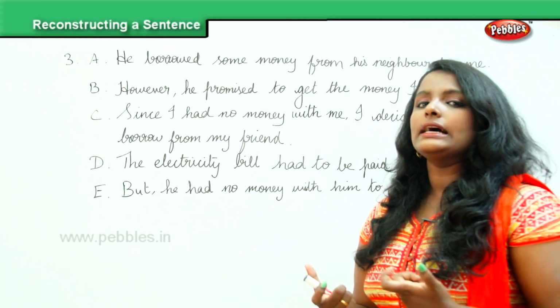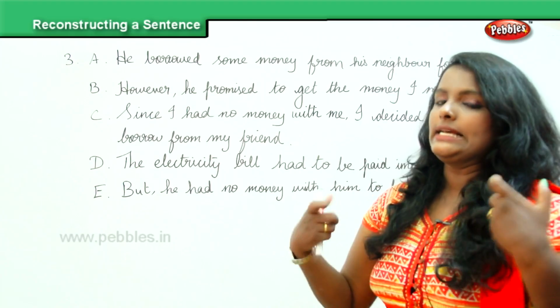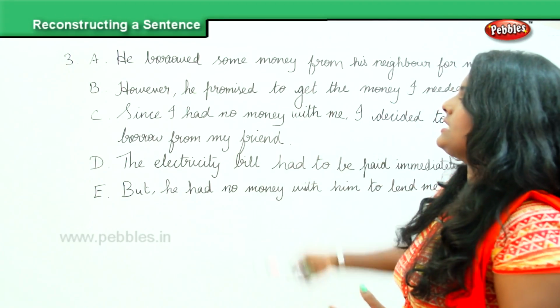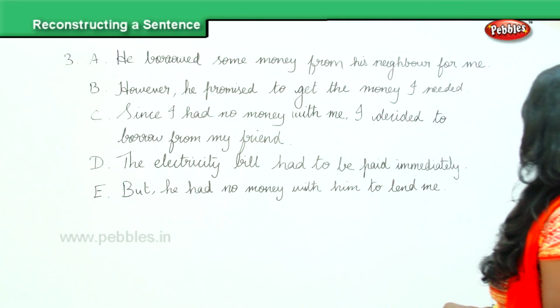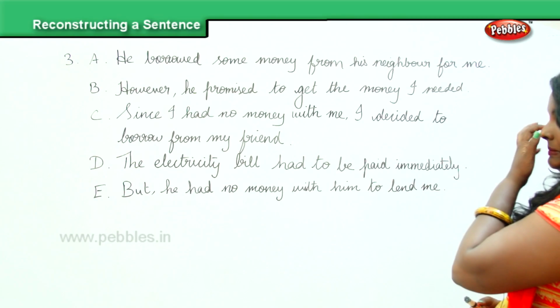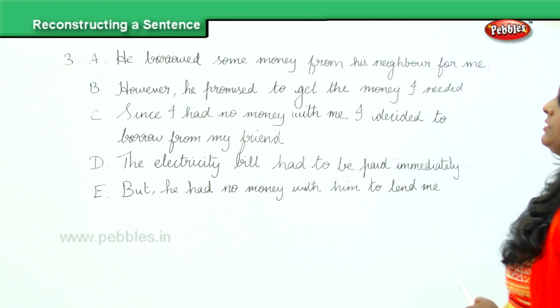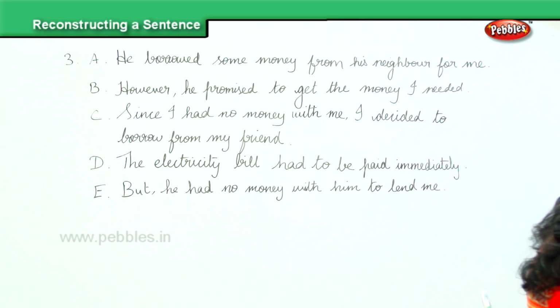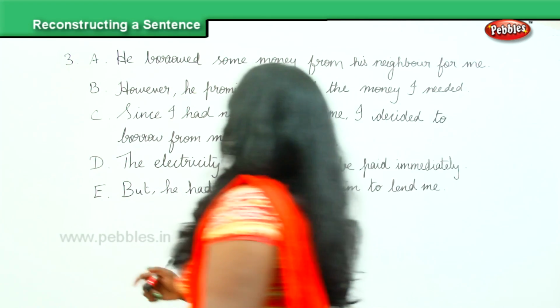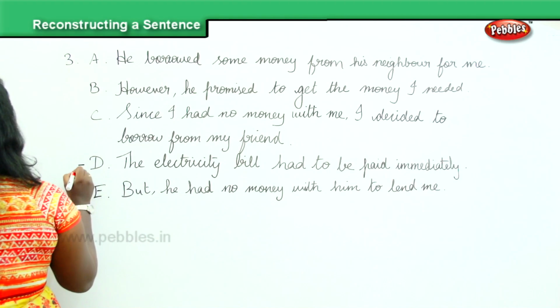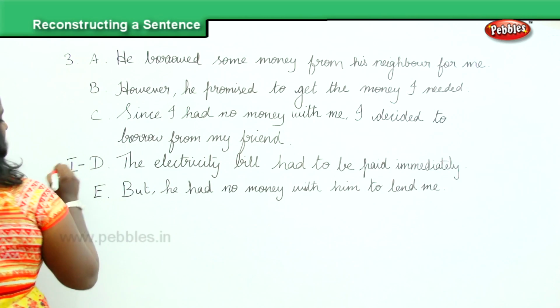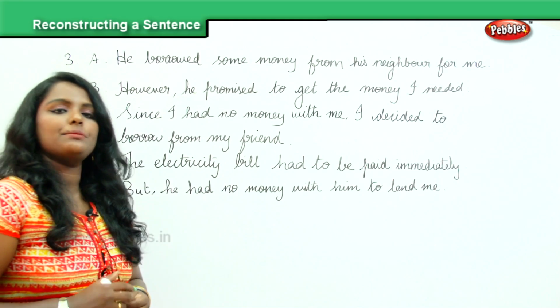So the main idea is about the person paying the electricity bill. So which sentence refers to the main idea of the passage? Check with option D. The electricity bill had to be paid immediately. So that is my topic sentence. So sentence number 1.